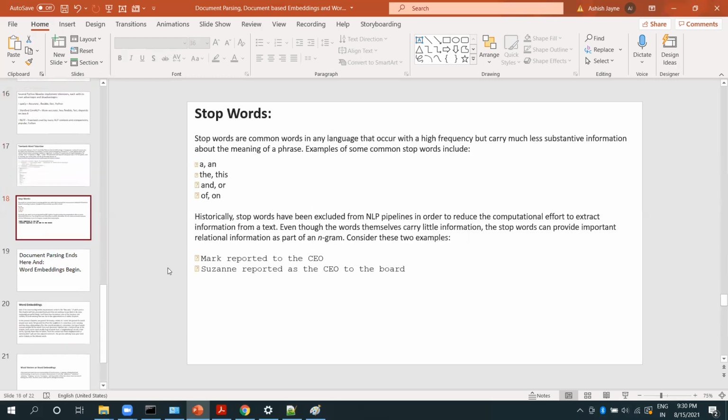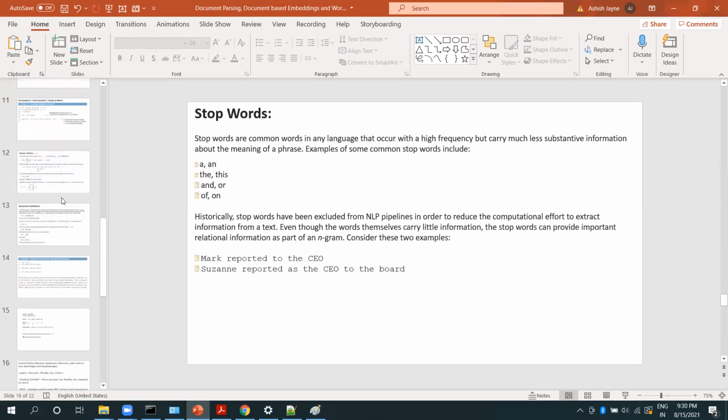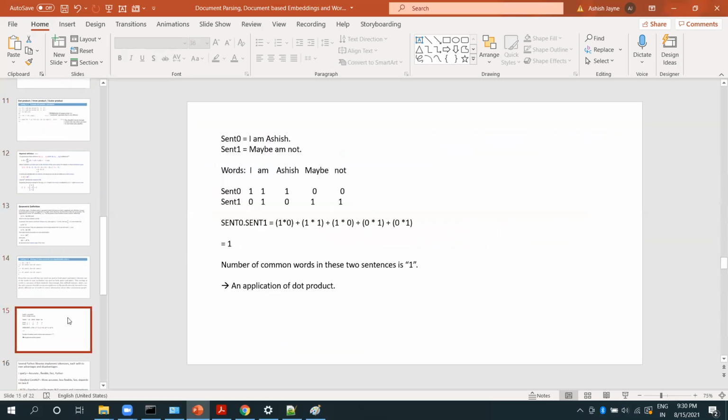Now, local word embeddings are created by count vectors, the number of times a word appears in the document, the count vectorizer.